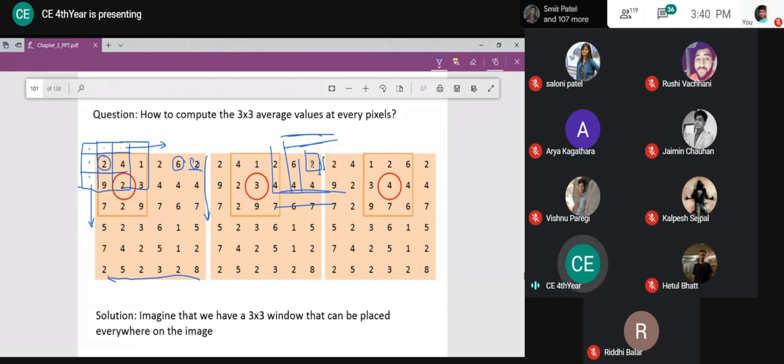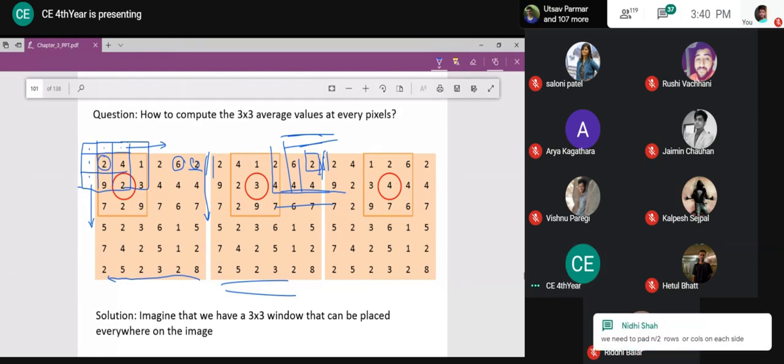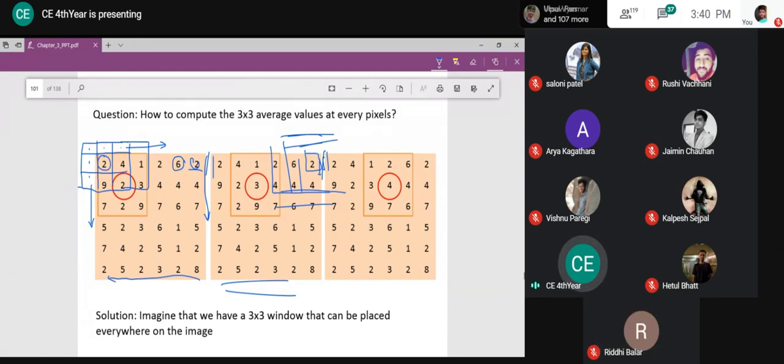So totally I will need two rows padded on the upper side, two columns padded on the right hand side, and same way two columns on the left hand side. Two are already padded on the upper side, and same way two will be padded on the bottom side, right? So I need to pad two rows and two columns on both sides, totally padding by 4.